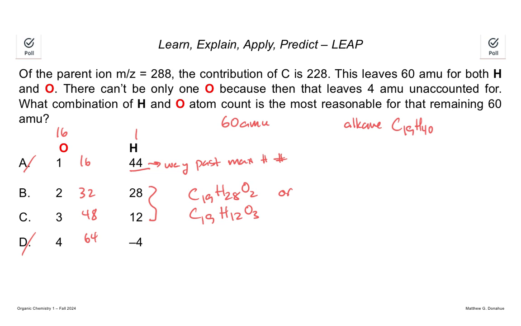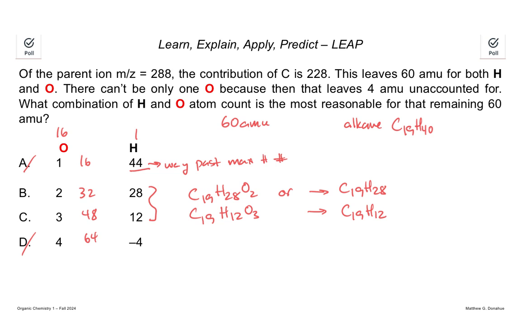And we already figured out that for 19 carbons, there should be 40 hydrogens. So we know from our prior learnings that oxygen doesn't affect the hydrogen count. So that just becomes C19H28. This becomes C19H12.